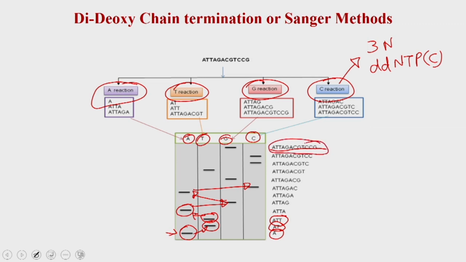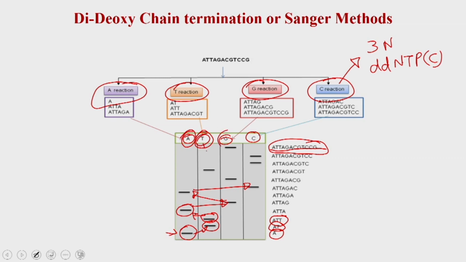DNA. In case you have bands at the same height, you will be able to distinguish simply by looking at the other nucleotides. That is how you can understand this: in the case of A, all the termination happens on the A, and in the T all the terminations are happening.